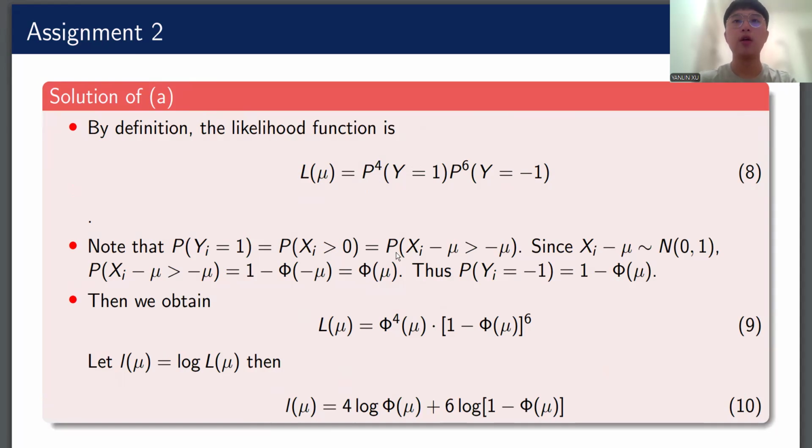Then we subtract mu on both sides of this inequality, because if we do that, we find that X_i minus mu is a standard normal distribution.